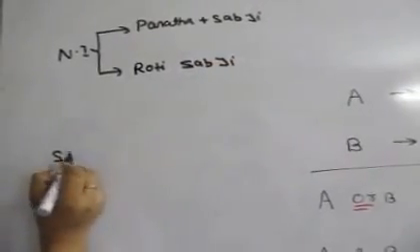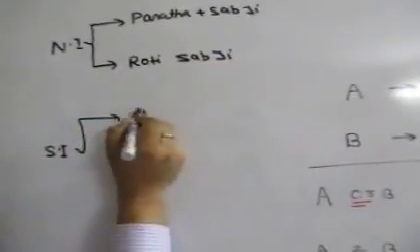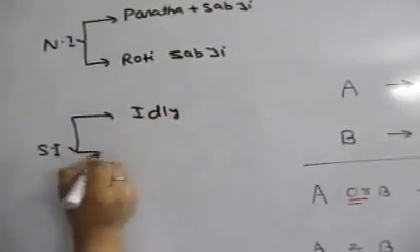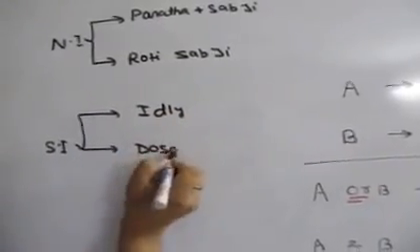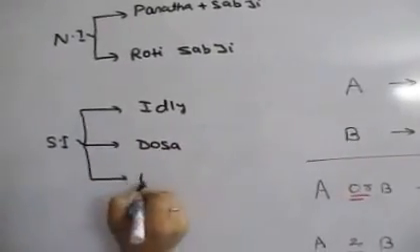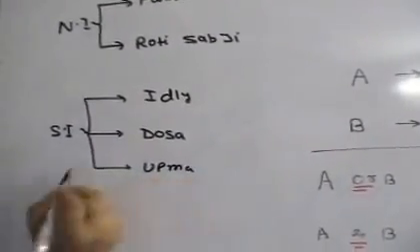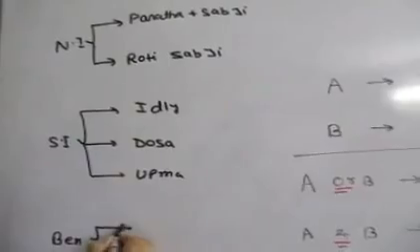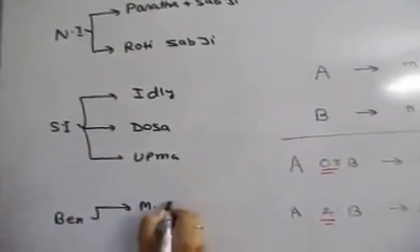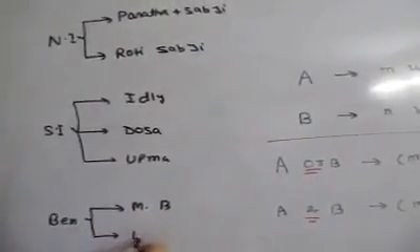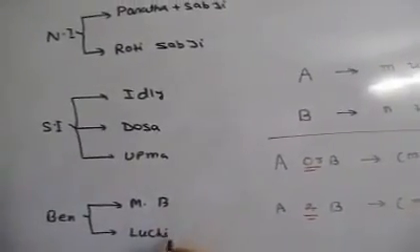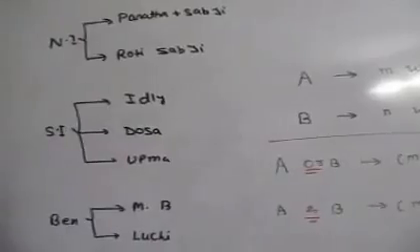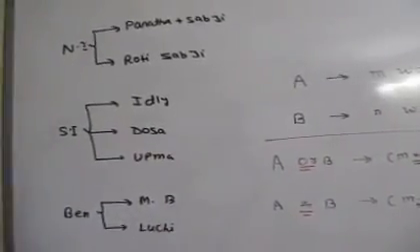In South Indian food, he has 3 options. He can take either idli or dosa or upma. While in Bengali food, he has 2 options. He can take mach bhat or he can take luchi sabji.